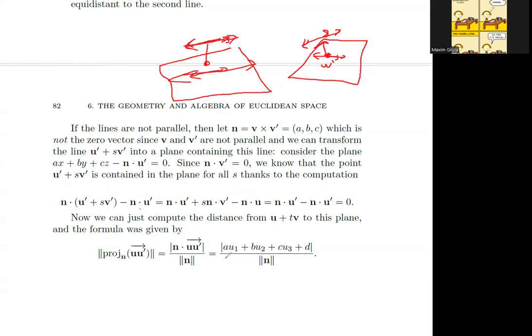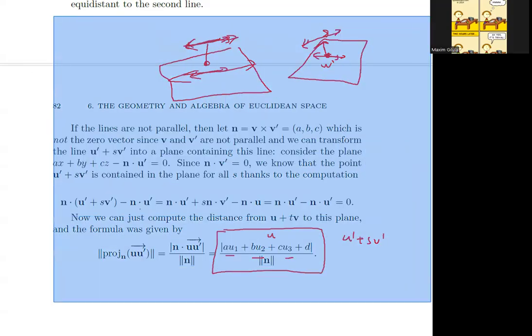So we just plug in u and u prime, which you could write many different ways, as long as you know which one is u prime and which one is v prime. So this is the plane containing u prime plus sv prime. In that case, you plug in u into the formula. And that's it for distances.